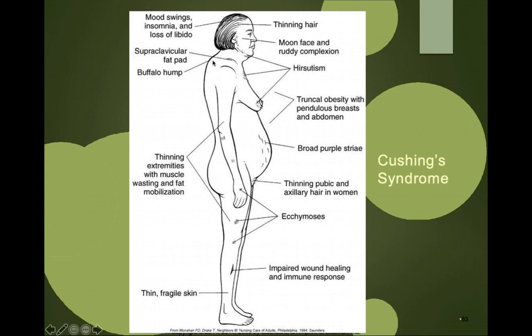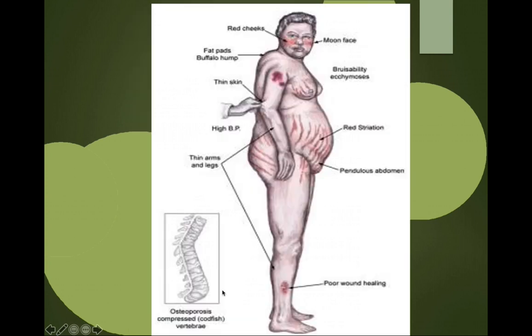So here's another picture where you get the buffalo hump, the fat pad here, also known as Dowager's hump, thinning of the hair, you get the round face. Hirsutism, we didn't cover this, but this is when you get hair in unwanted places, hirsutism. There's truncal obesity, purple striae, thinning of pubic and axillary hair in women, ecchymosis, again, that looks like little broken blood vessels, impaired wound healing, fragile skin.